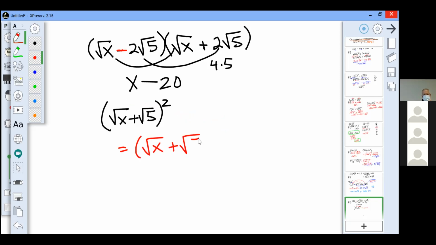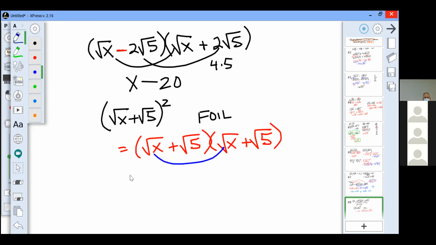It is 2 factors of this. I would prefer to watch you write 2 factors of the same thing and go through FOIL carefully than attempt the perfect square pattern and not do it correctly. You're going to get something you can add together, but you just have to go through it carefully. So first terms is going to be x.